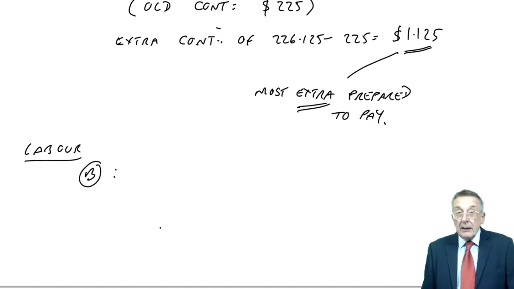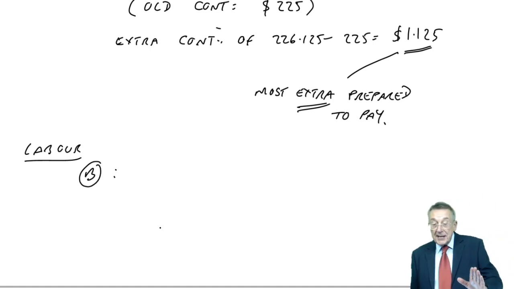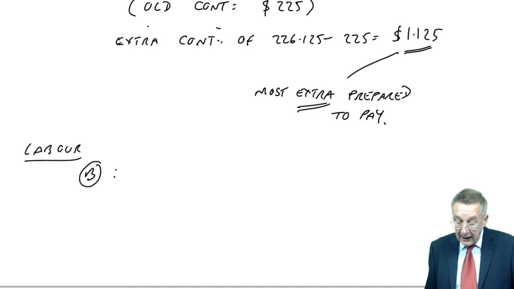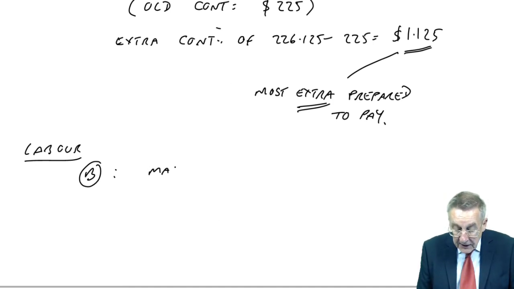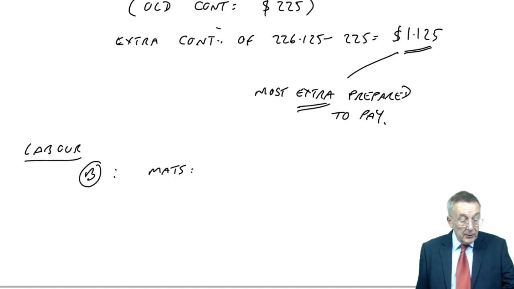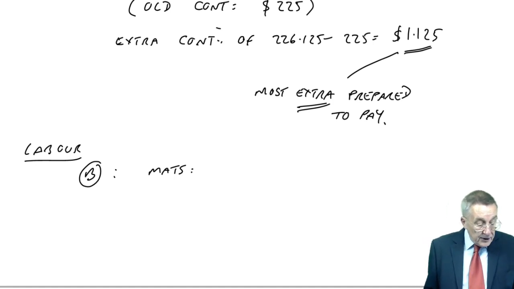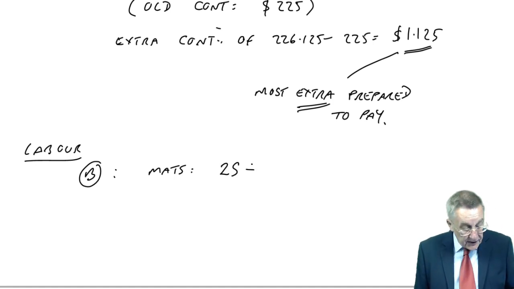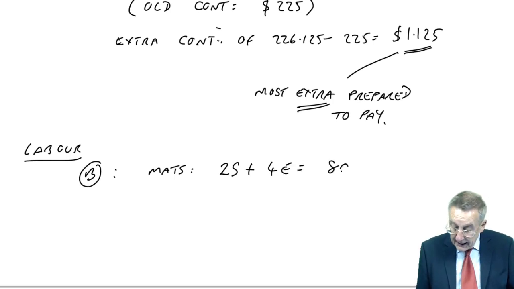In the same sort of way, the option is still at point B, which is where the materials line crosses the labour line. But this time the materials line won't change. We only look at one factor at a time. So the materials line, 2s plus 4e, was limited to 80.